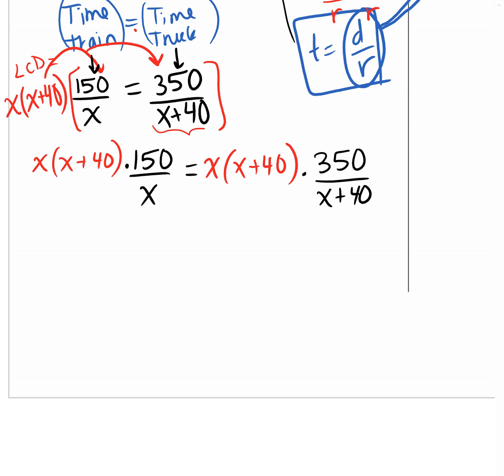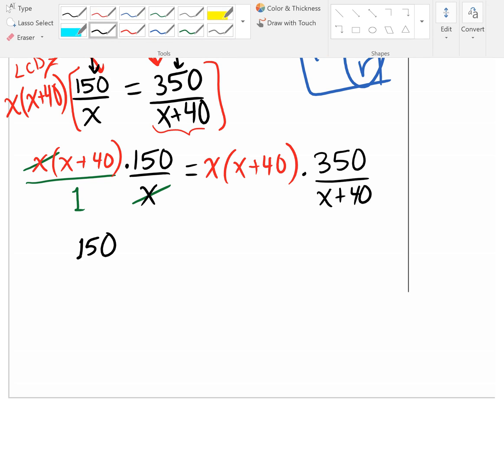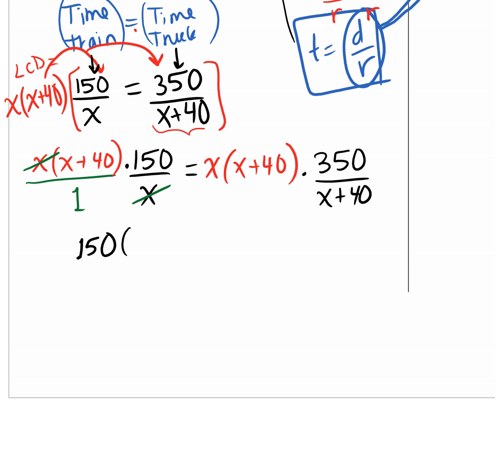Now we're going to see what reduces here. Let me put the left thing over 1, and notice the x's cancel on the diagonal. So what's left is the 150 that was already in the numerator, times the x plus 40 that's left over from the LCD. Remember we said that you could write x plus 40 on the left and then 150 on the right, but it's just easier to distribute from the left side, I think.